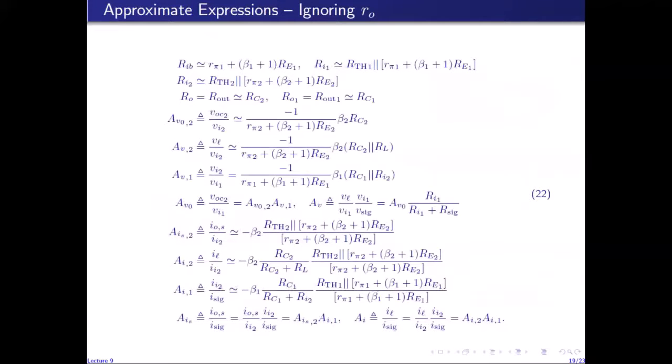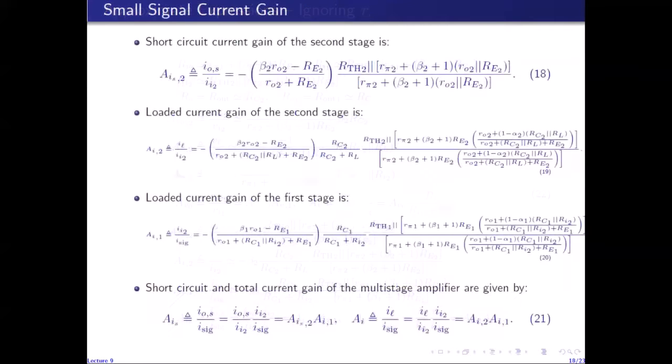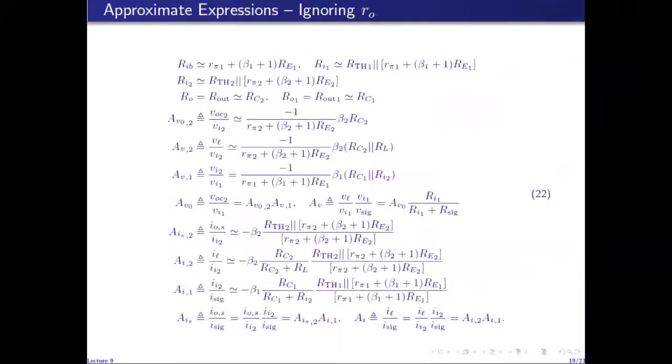As before, when we analyzed different amplifier configurations, after deriving the exact results, I used some approximations, some assumptions, to give the approximate and more commonly encountered expressions for the small signal parameters. And in all of those assumptions, I essentially ignored r0. I took small r0 to be much greater than the other resistances in the circuit.